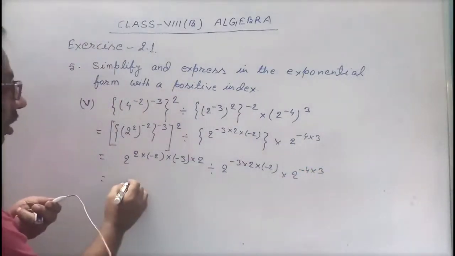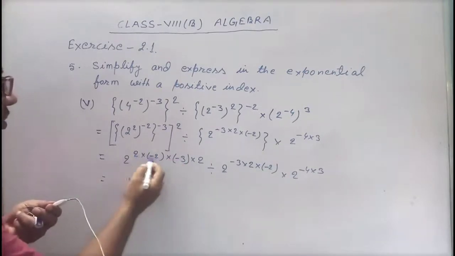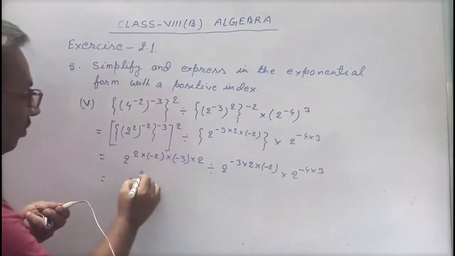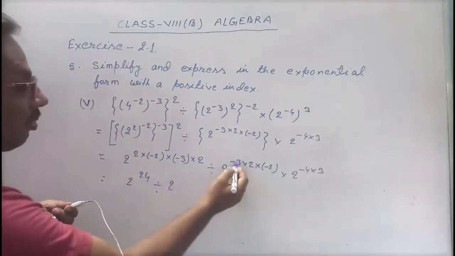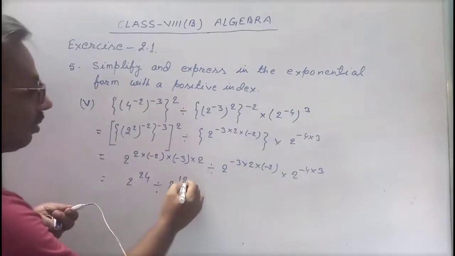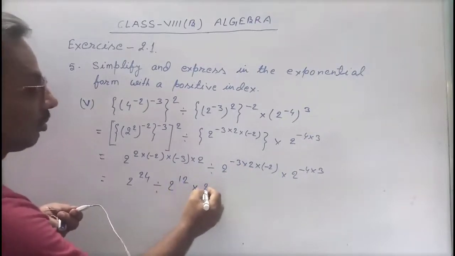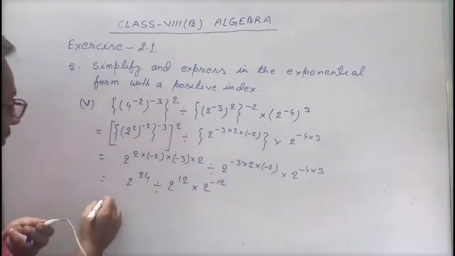So here multiplication of powers became minus into minus plus, 2 2s are 4, 3s are 12, 12 2s are 24, divided, here multiplication of powers became minus into minus plus, 3 2s are 6, 2s are 12, and here multiplication of powers became minus 12. Now we follow BODMAS.